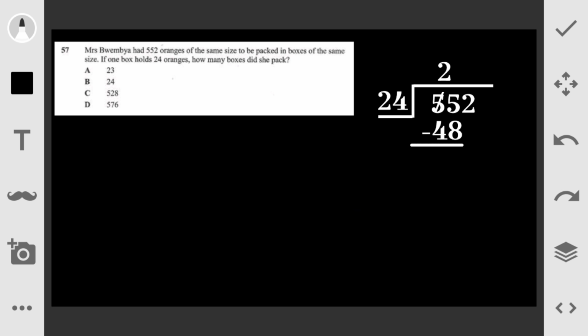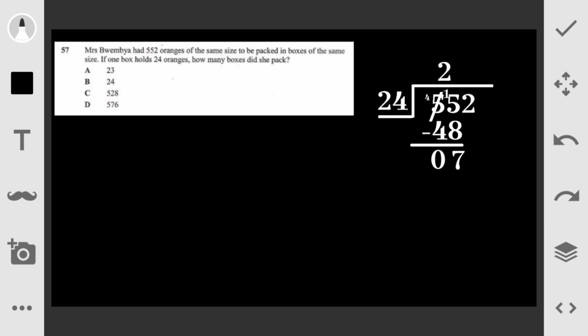We cancel 5 there, and take the 1 to the 5 so that it becomes 15. Where there was 5, we remain with 4. Now 15 minus 8 equals 7. 4 minus 4 equals 0.